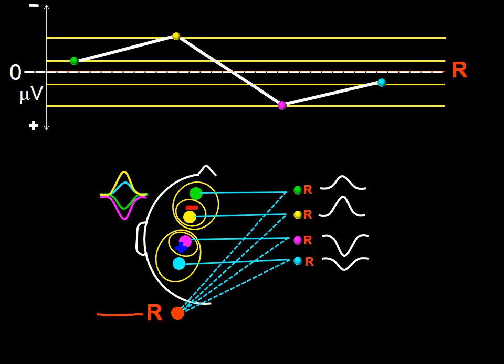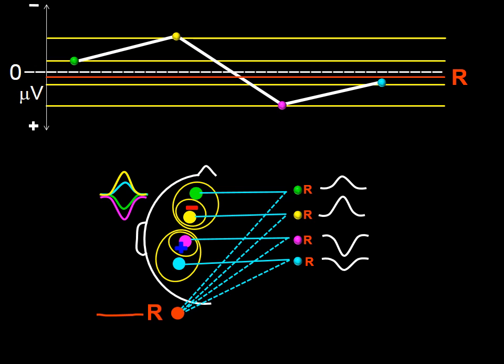On top of this frame, I am introducing the corresponding voltage graph. Notice that the zero line and the reference line are at the same location in the middle of the voltage graph.